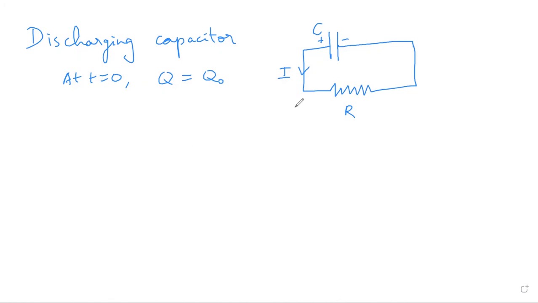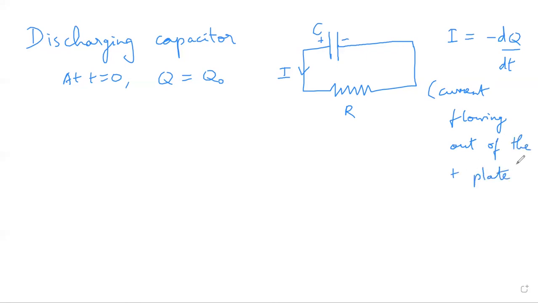Furthermore, because here the charge on the capacitor plate is decreasing as the current flows, we will say that the current I is minus dq over dt. And this applies whenever you have current flowing out of the positive plate of the capacitor.